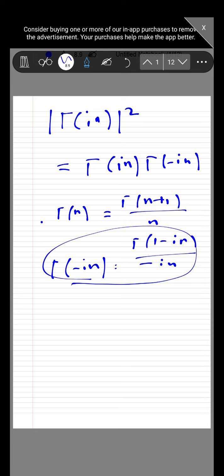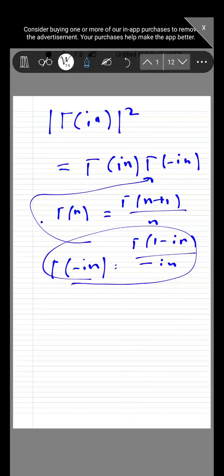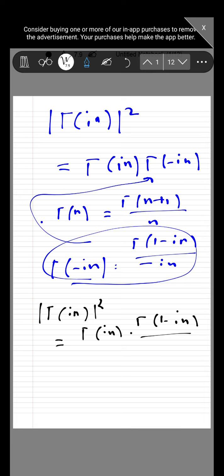Putting this value here, you can write Γ(in) whole squared is equal to Γ(in) into Γ(1-in) divided by (-in).